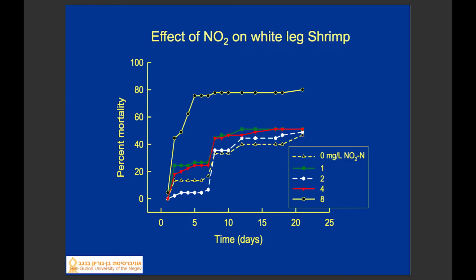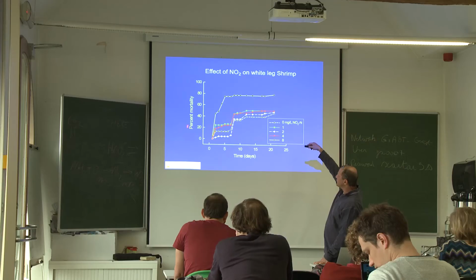And when we're looking at the toxicity effect, what we saw here is we grew fish at different concentrations of nitrite, 0, 1, 2, 4, and 8 milligrams per liter. And we grew shrimp in this case. That's why survival is quite low. And we looked at percent mortality.